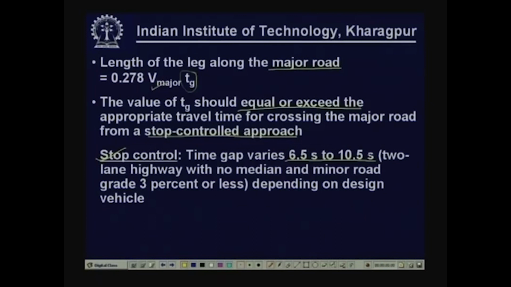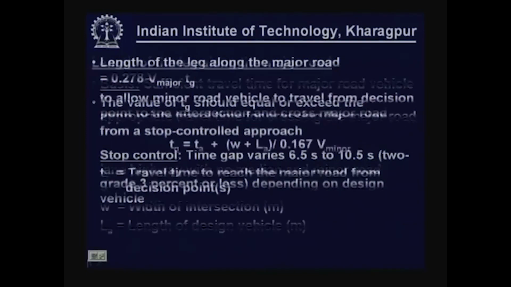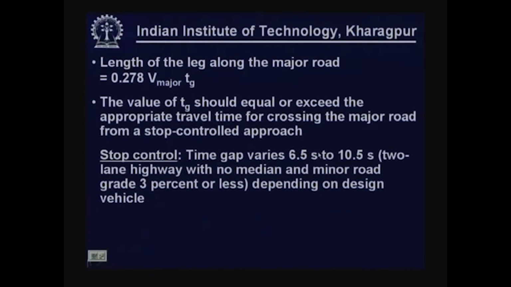So, when we are calculating Tg using the earlier formula, if the calculated value becomes lesser than this time gap, say for car 6.5, then we must take the value recommended for stop control approach.